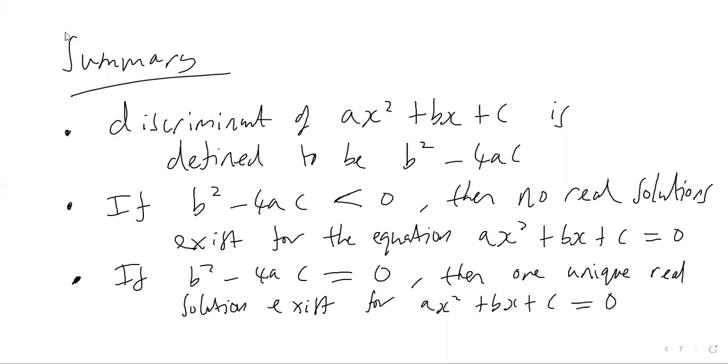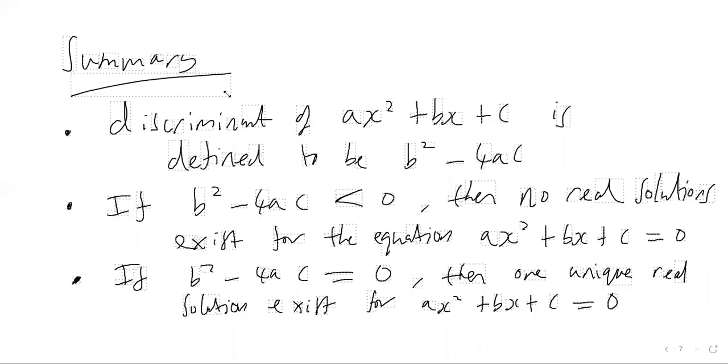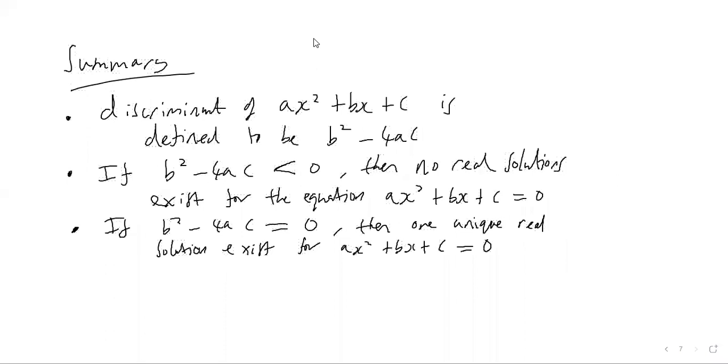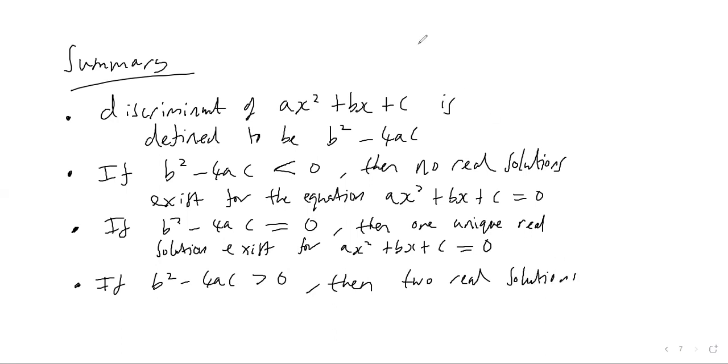And finally, if the discriminant b squared minus 4ac is greater than 0, then two real solutions exist for ax squared plus bx plus c equals 0.